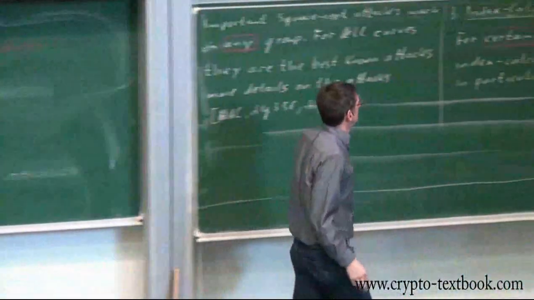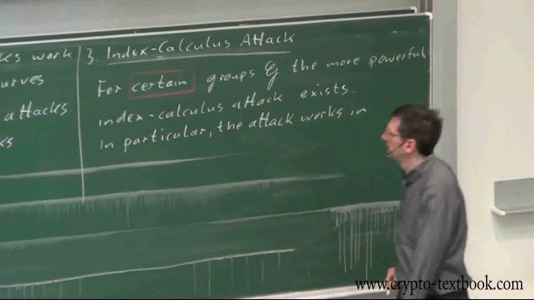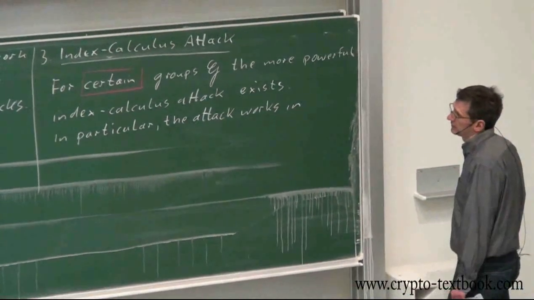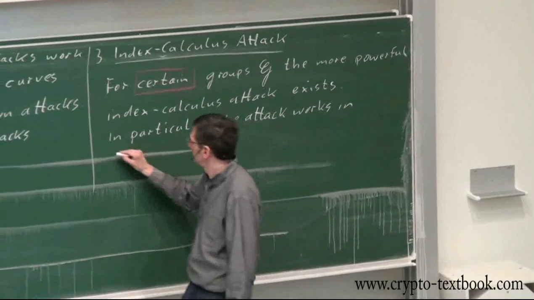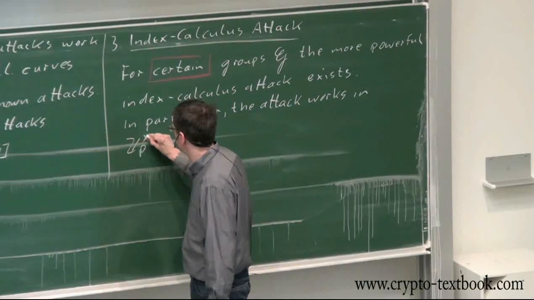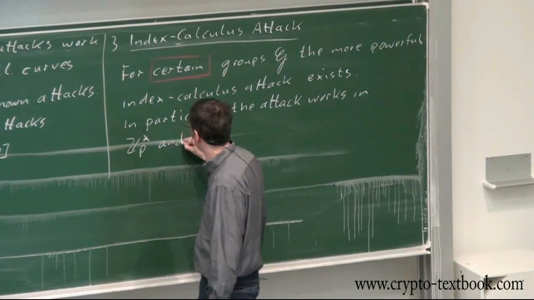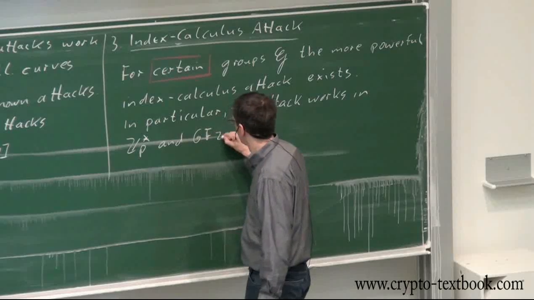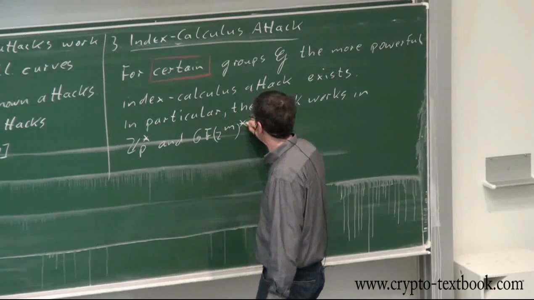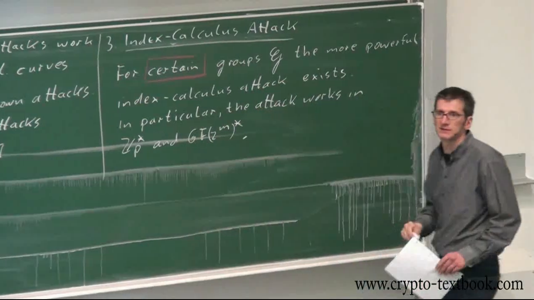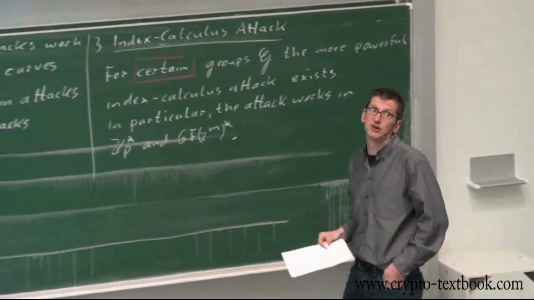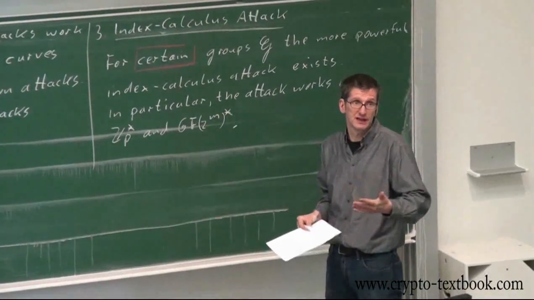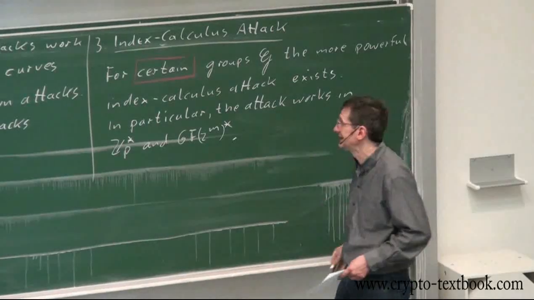The attack works in Z_p star and GF(2^m). It means the stuff that is in your web browser, because most web browsers actually don't have elliptic curves built in. They still do the classical Diffie-Hellman, modulo p.